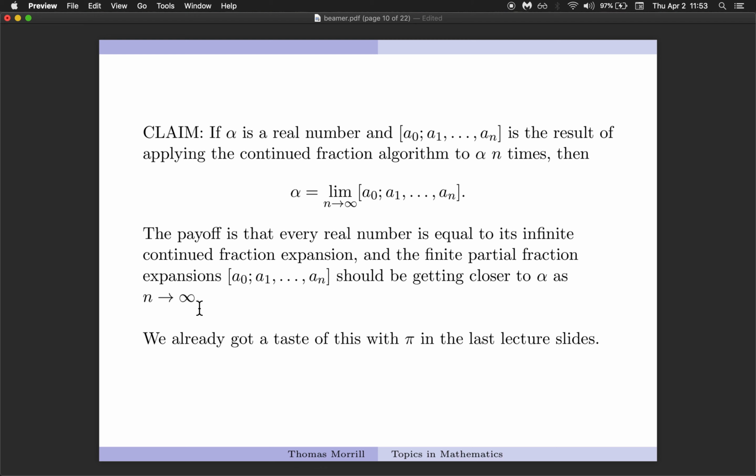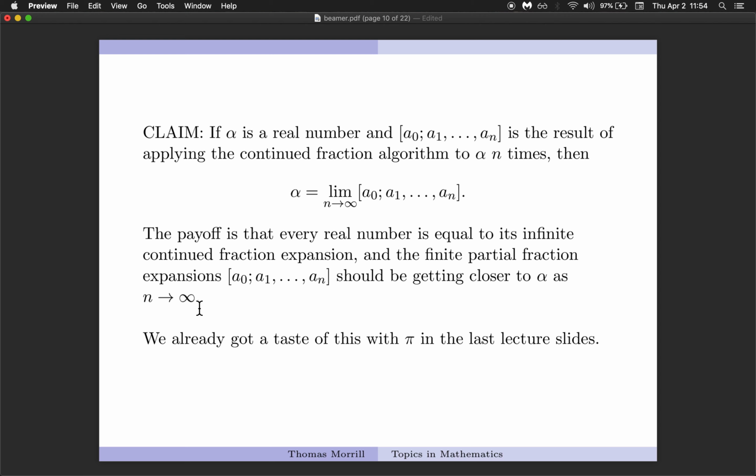That's interesting. It's cool that I have a new way to represent any real number that I want. But I got into this because I wanted my fractions to approximate the real number. I wanted to say decimal expansions are too cumbersome. I want to find a very efficient fraction to almost be equal to alpha.